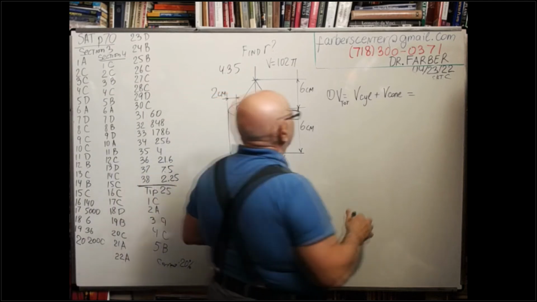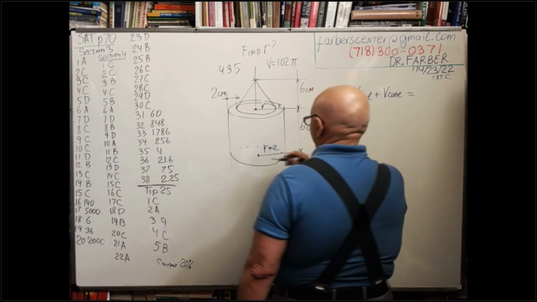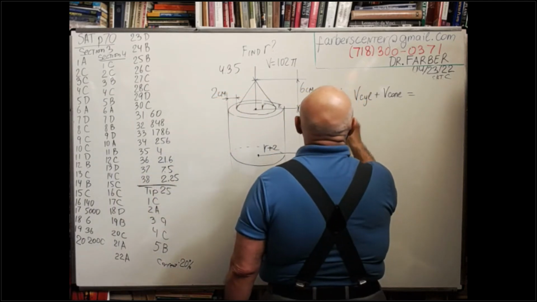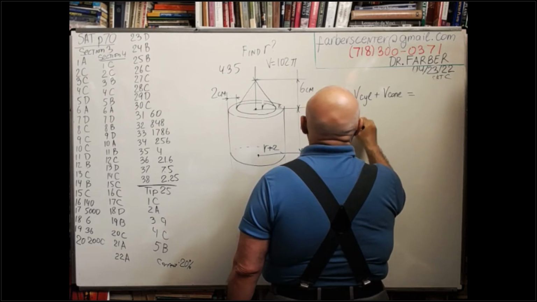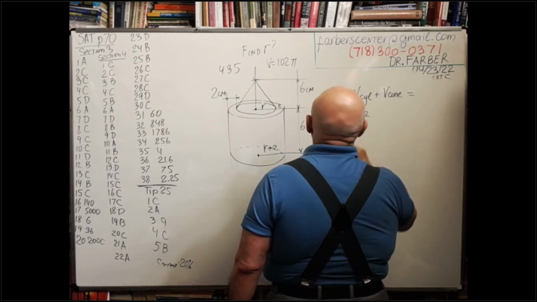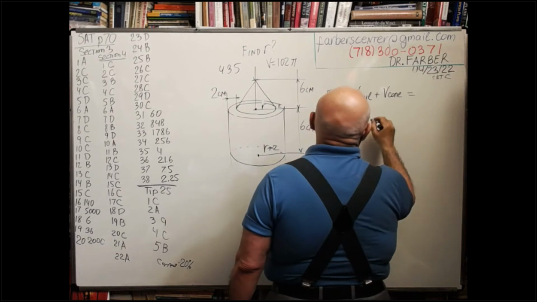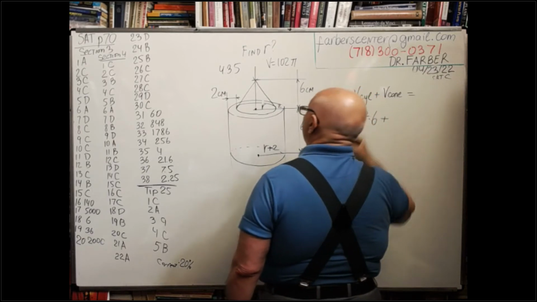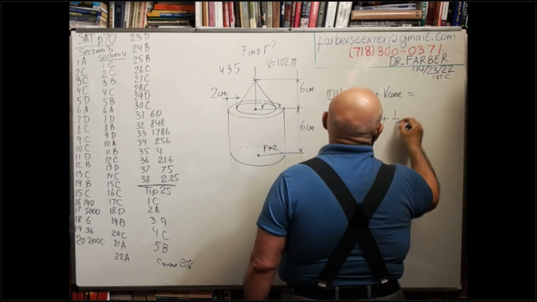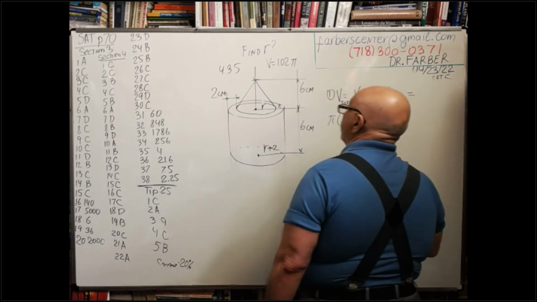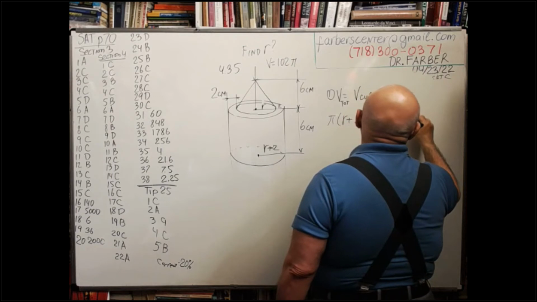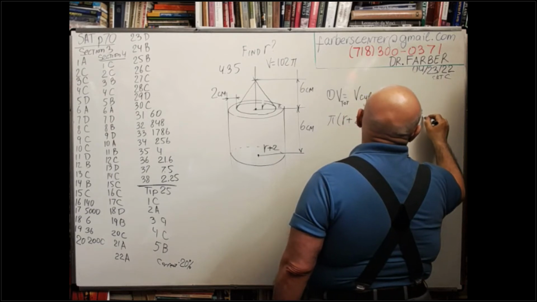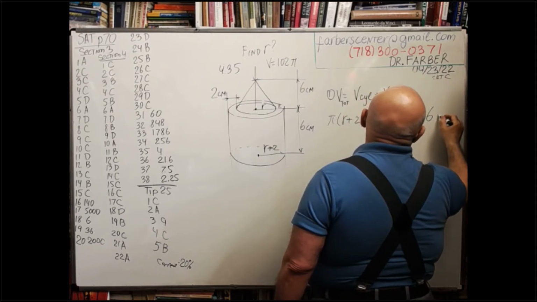So volume of cylinder equals pi times R plus 2 to the second multiplied by 6, plus volume of cone, 1 over 3 pi R squared times 6 equals.